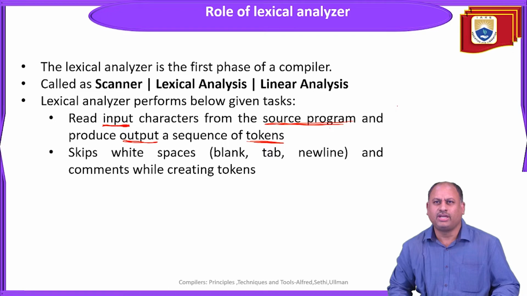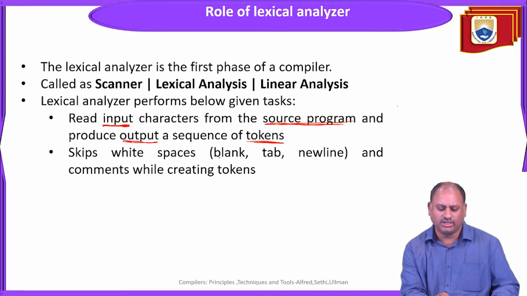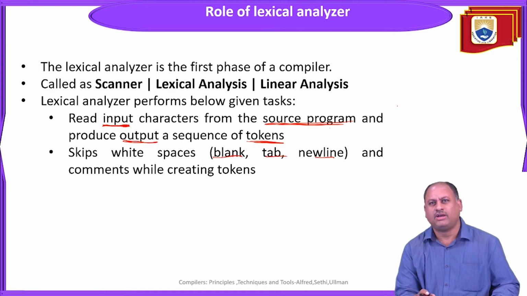While reading the characters, there may be white spaces, blank spaces, new line characters, tabs, and comments. Comments are written to understand the functionality or purpose of a function, or the task given for a program, such as what calculation is performed, so that it can be easily understood by the developer.